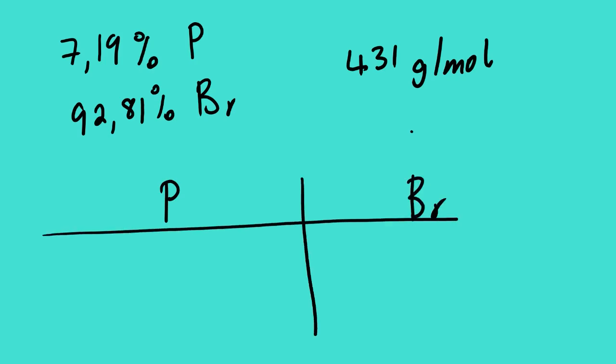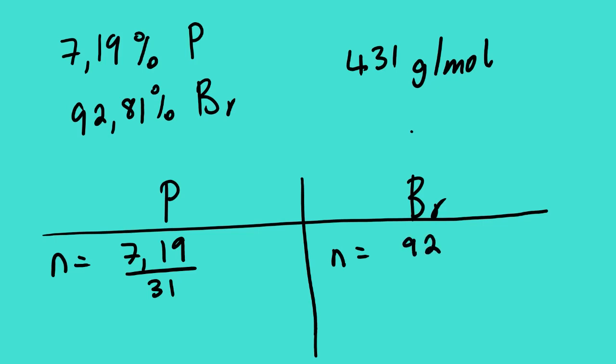Remember, you can pause the video, work out this question, and play the video to verify. So the number of moles will be 7.19 divided by the molar mass of phosphorus, which is 31. Then let us quickly do the same for bromine. Molar mass is 80.